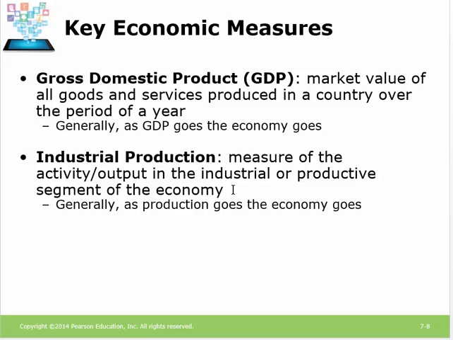So let's think about some variables. The key economic measures that we want to look at are gross domestic product and industrial production. Gross domestic product is the market value of all the goods and services produced in the country. We can find this fairly easily.